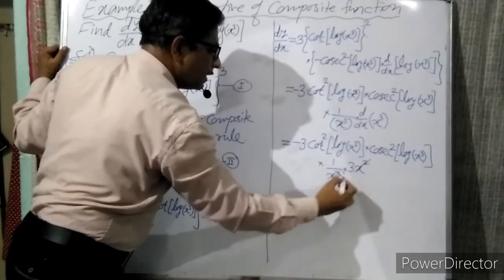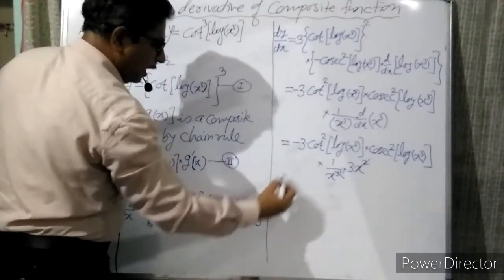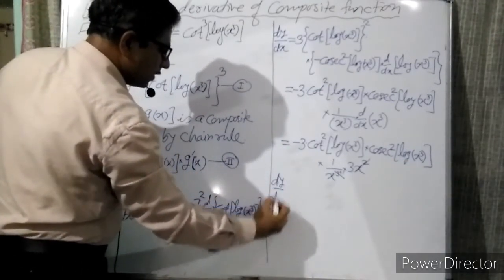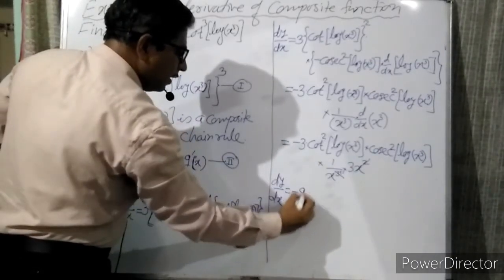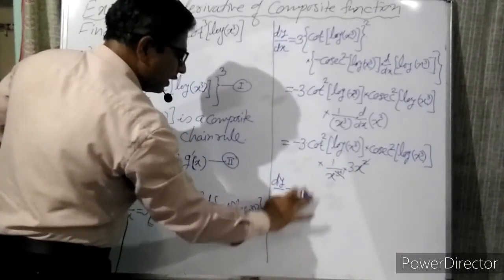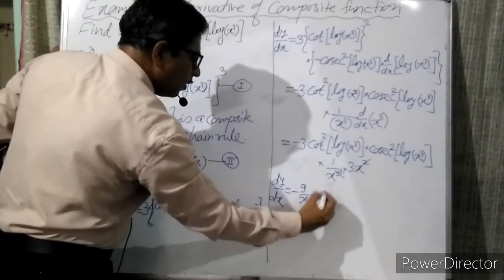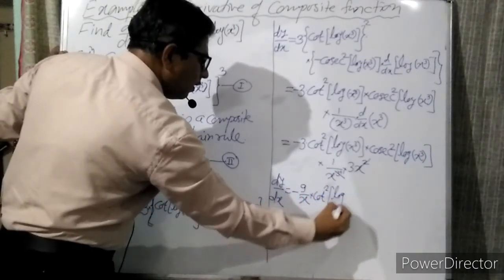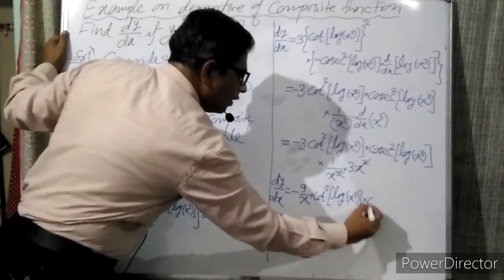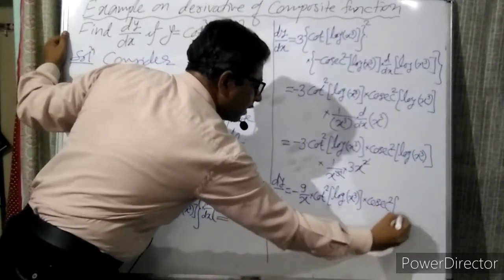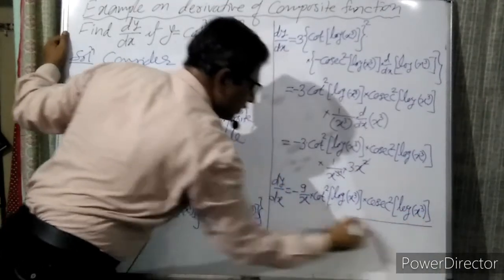Now x square gets cancelled with two terms and one term remains there, and see total final answer will be dy by dx is equal to this minus sign, 3 into this 3, 9 upon x, into cot square of log of x cube, into cosec square of log of x cube, and this is the answer.